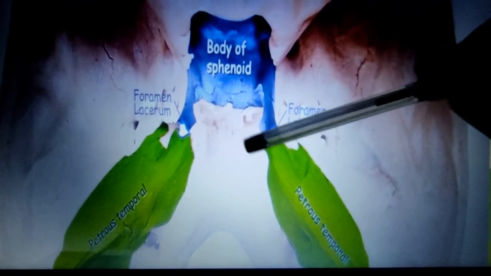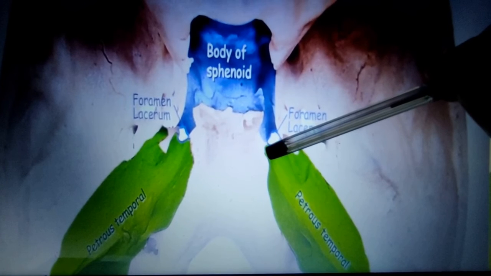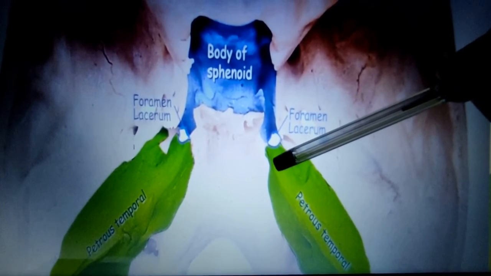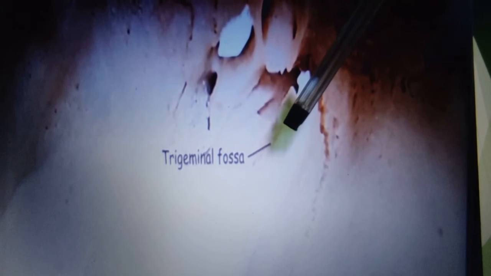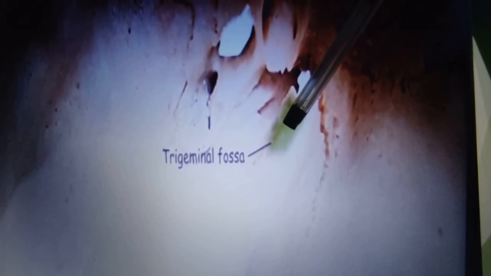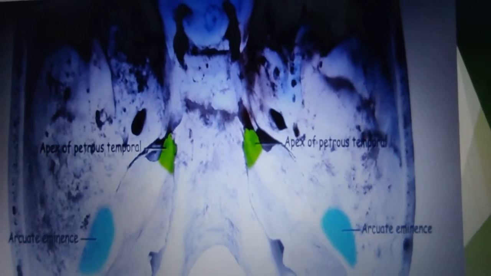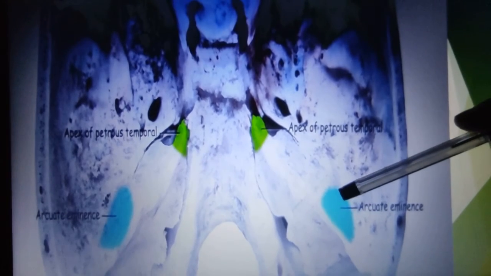Then medial to the apex of the petrous part of the temporal bone, we can see a shallow depression known as the trigeminal fossa. Lateral to the apex of the petrous part of the temporal bone, we have an eminence known as the arcuate eminence, which is produced by the semicircular canal.